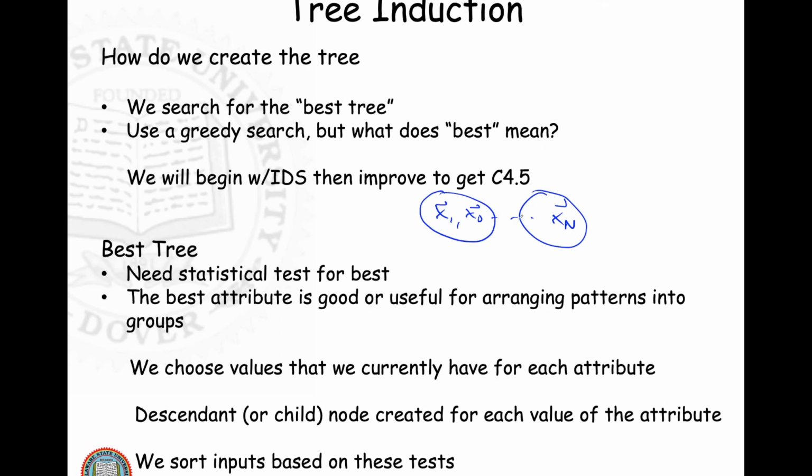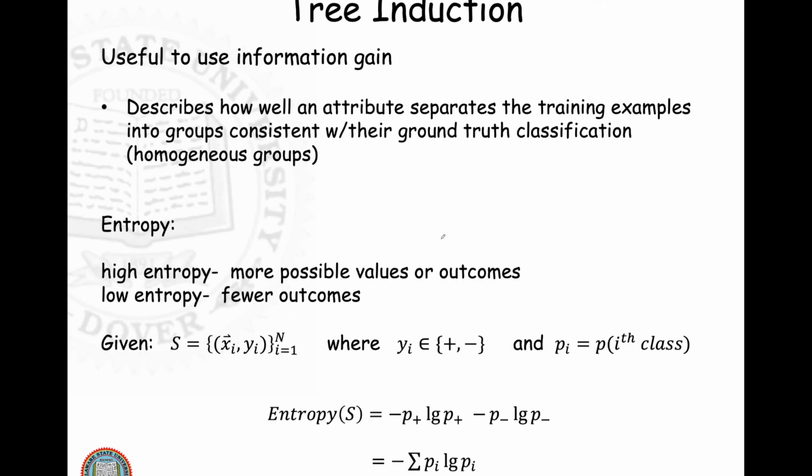So you're only going to consider values of the different variables or features that exist in your data set, nothing else. And so when you do this, a descendant or child node is created for each value of the attribute. So you're going to be testing each value that these variables can take on, and then you're going to sort the inputs or group them based on the outcome of the test over the values of the different attributes.